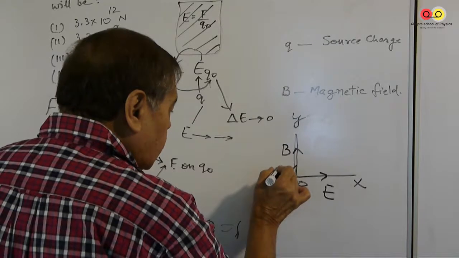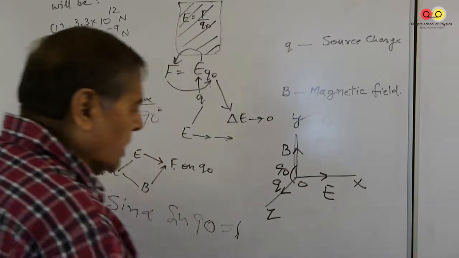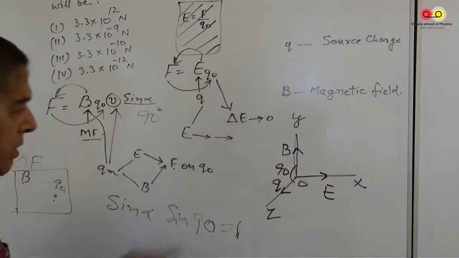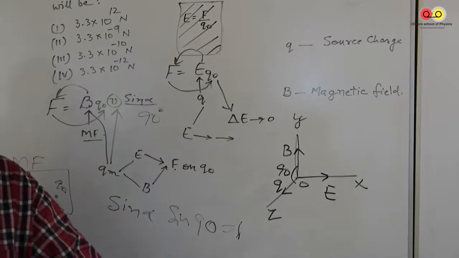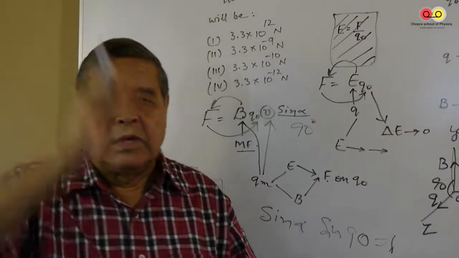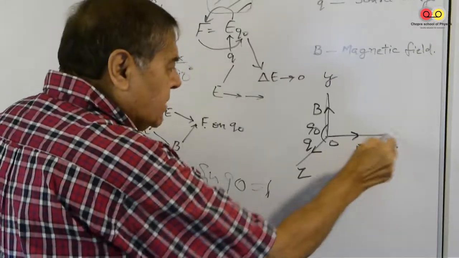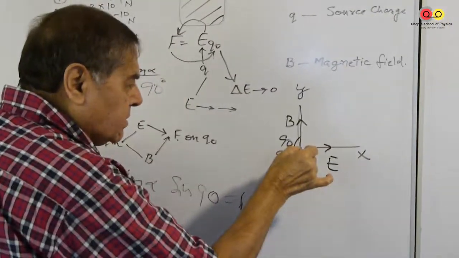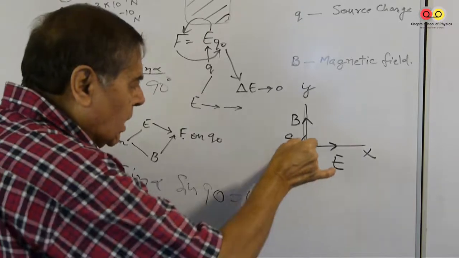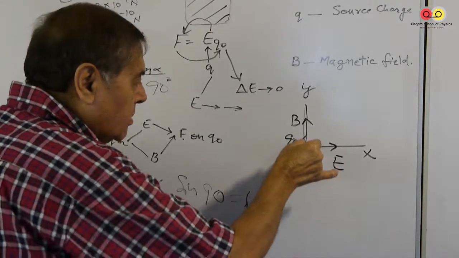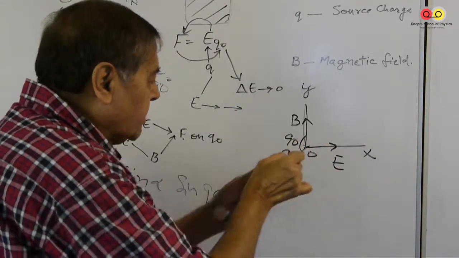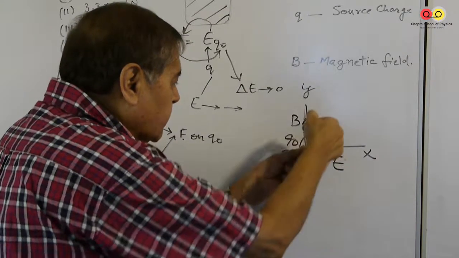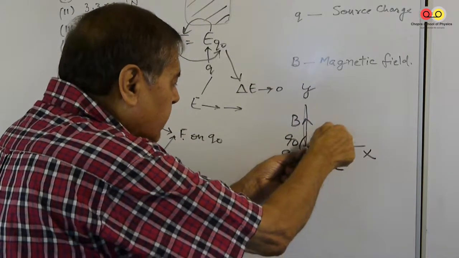This is a three-dimensional figure, this is 90 degrees, like the length, breadth, and height of a room. So this is the x-axis and y-axis, and the third axis is drawn like this, out of the plane. So that will be 90 degrees. I will put this angle 90, this angle 90.